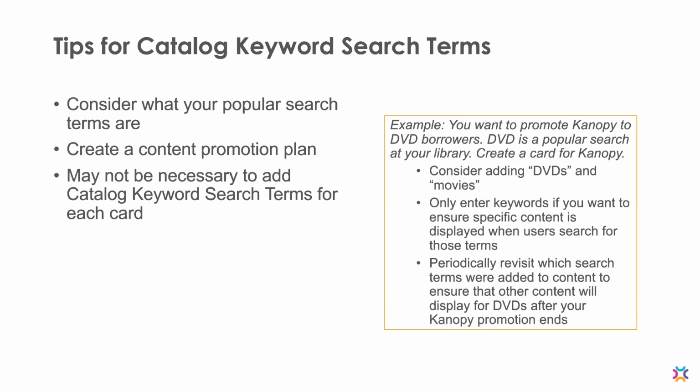So here's an example. Let's say you want to promote Canopy to DVD borrowers. DVD is a popular search term, so you could add the search terms DVDs, movies. Call number would be a good use here too. And then periodically, you would want to review all of your cards, because when you're done with this Canopy promotion, maybe you delete the word DVD or movie.